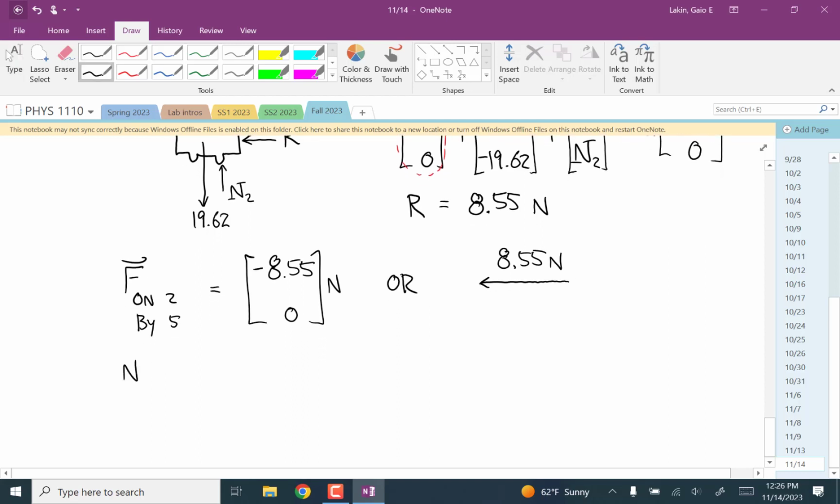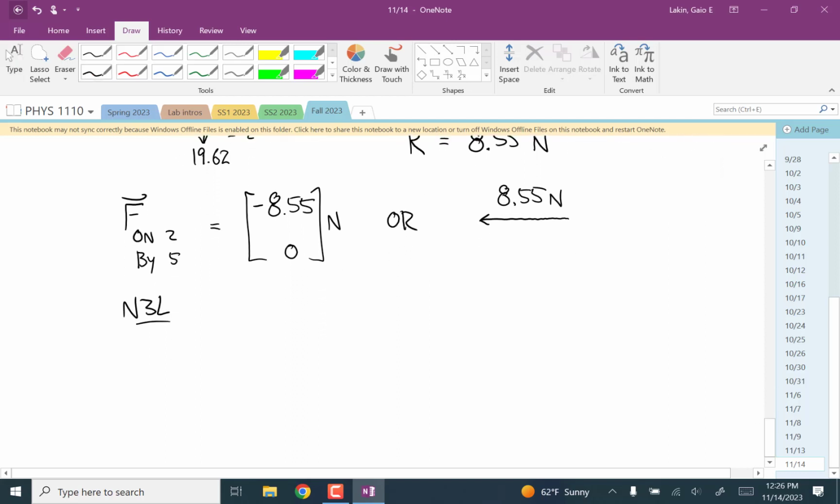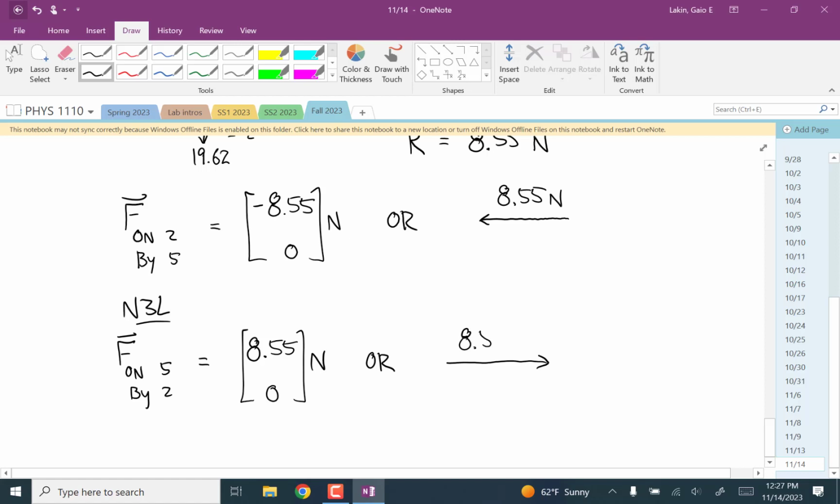And Newton's third law then says, if you have the force on 2 by 5, then the force on the 5 by the 2 is just the opposite of this, so positive <8.55, 0>, or in other words, it's in the positive x direction at 8.55.